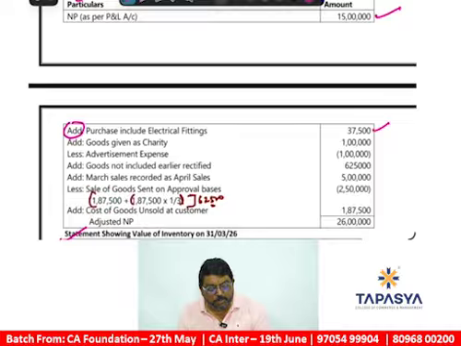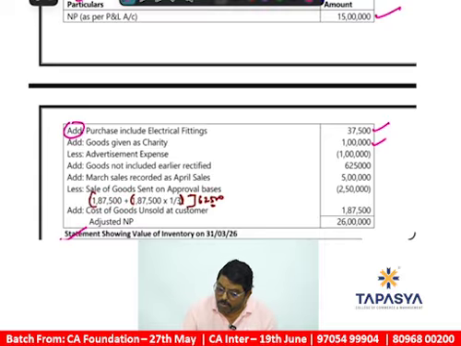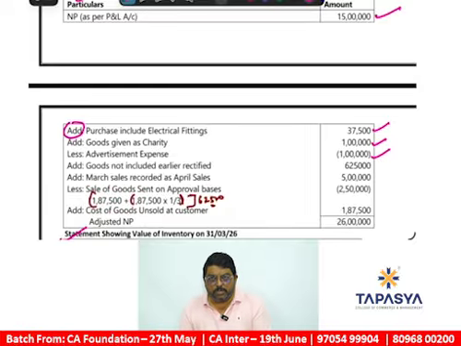Expenditure decreased means profit increase; expenditure increased means profit decrease. So 1 lakh profit increase, 1 lakh profit decrease. Which revenue expenditure decreased? Purchase. Which increased? Advertisement or free samples, whatever you call it. So 1 lakh minus, 1 lakh add.